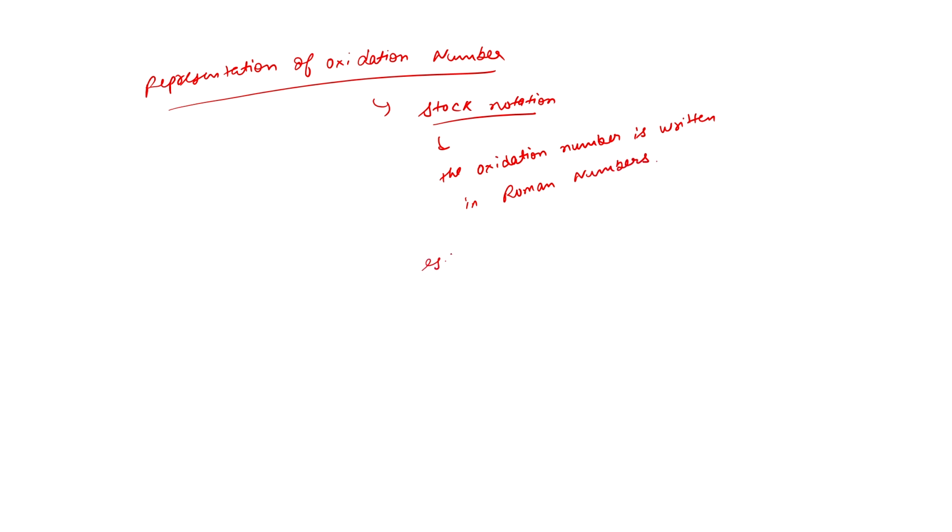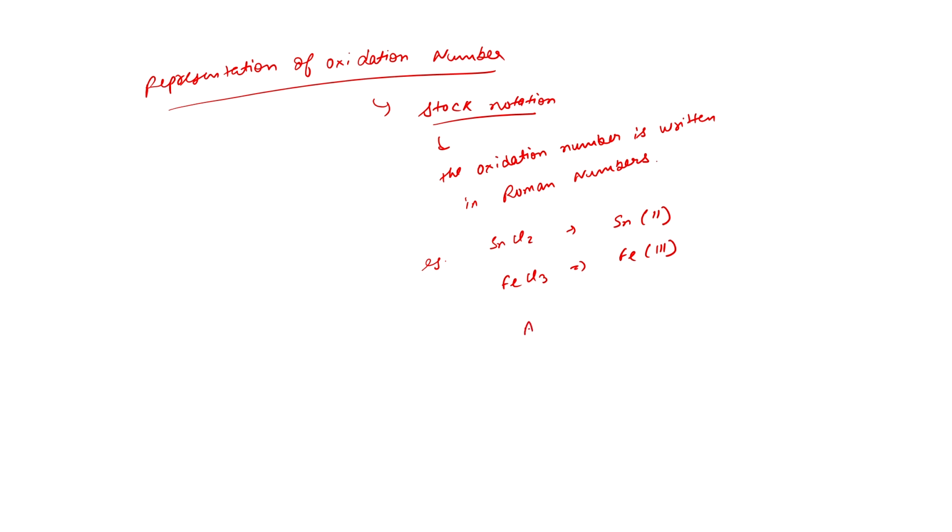For example, if I am saying SnCl2, I will say Sn in II oxidation number. For example, FeCl3, Fe in plus 3 oxidation number.